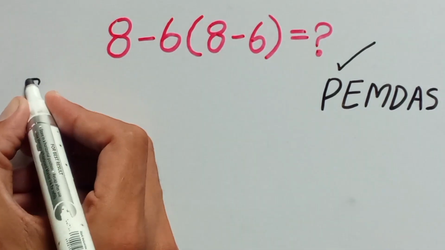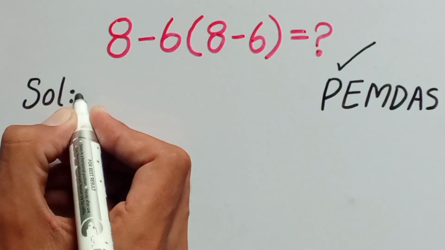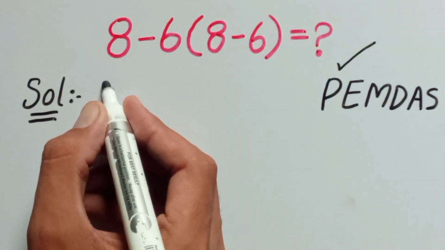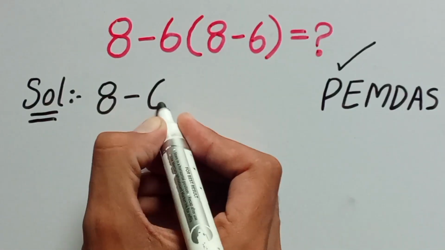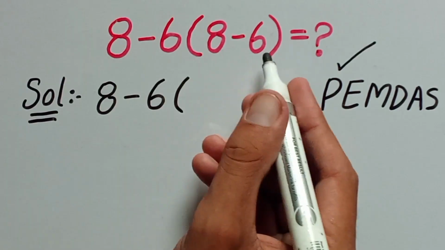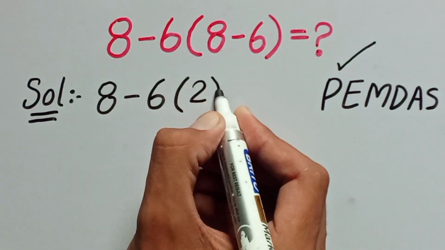So guys, our solution is 8 minus 6 open parenthesis 8 minus 6 equal to 2.